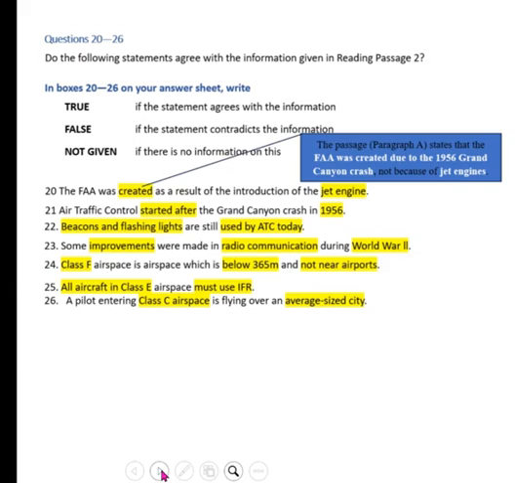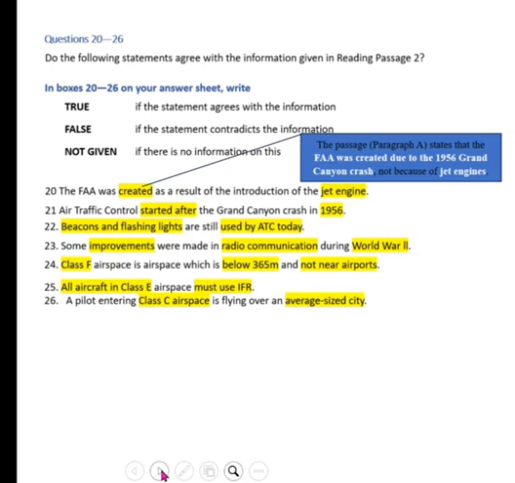Another name you can call them is ATC, just like FAA, that's Federal Aviation Administration. In this case, it is ATC, that is Air Traffic Control. According to this statement, it is said that ATC started after the Grand Canyon crash in 1956.